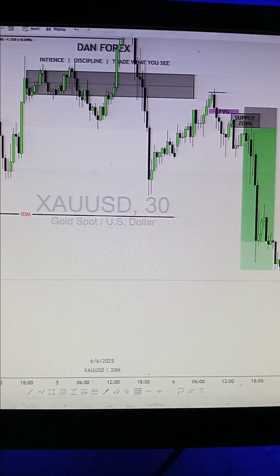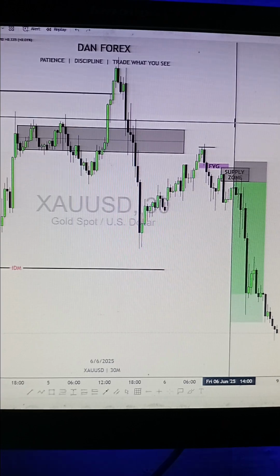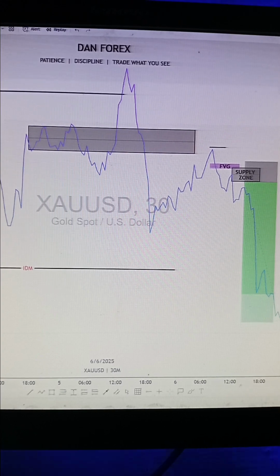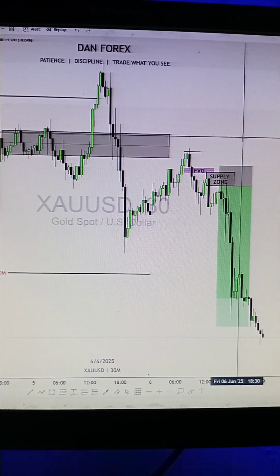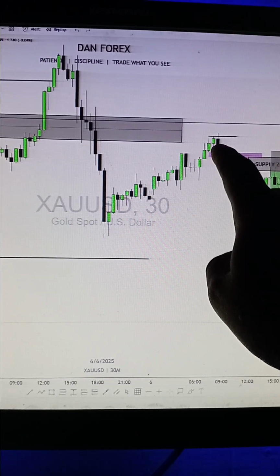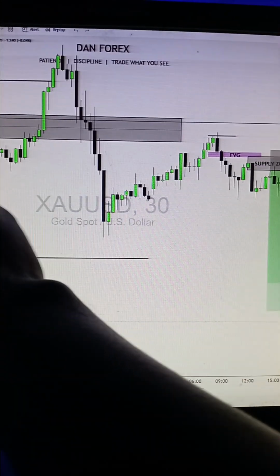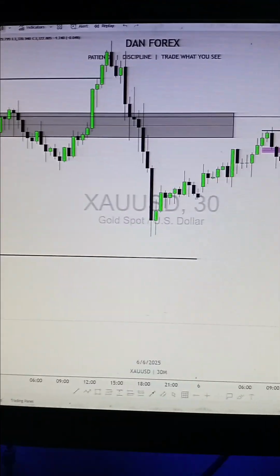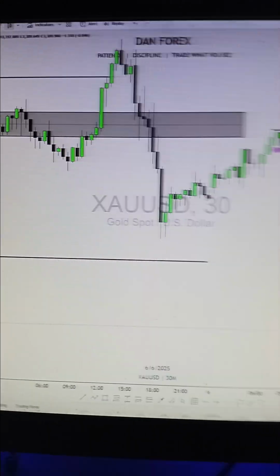Also on 30 minutes, this is how you could have taken your first entry around this area. If you had not seen this resistance level, you could have seen this. Let me show you.